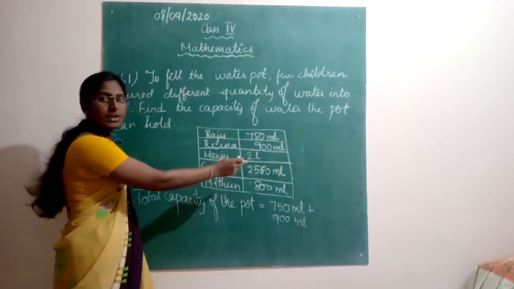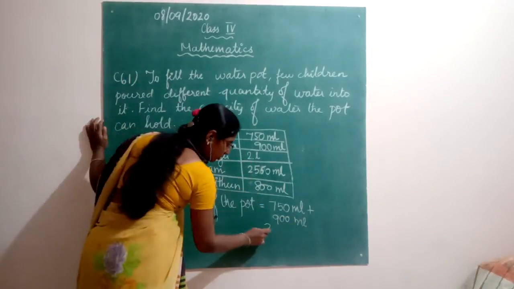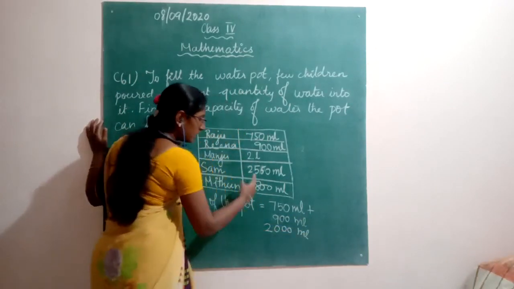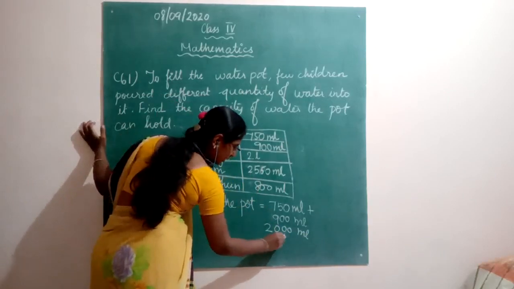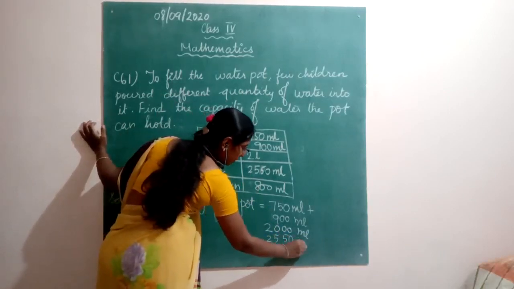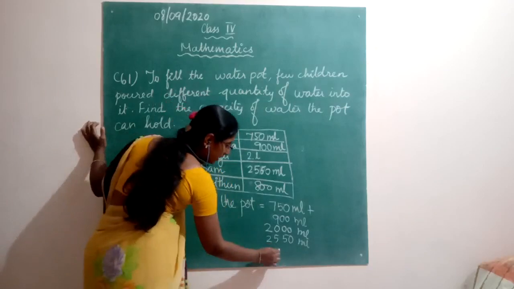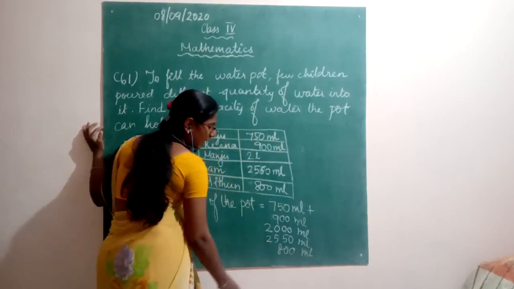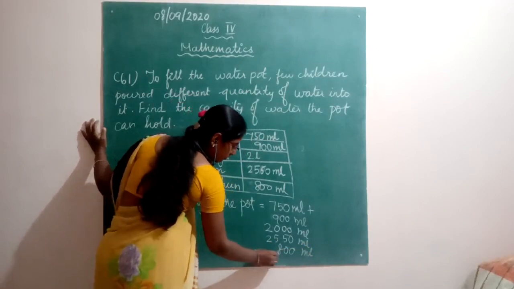So 2 liters can be written as 2000 ml. Okay. And plus 2550 ml. Then you have 800 ml. Okay. So if you add this, what will you get? Find the sum.